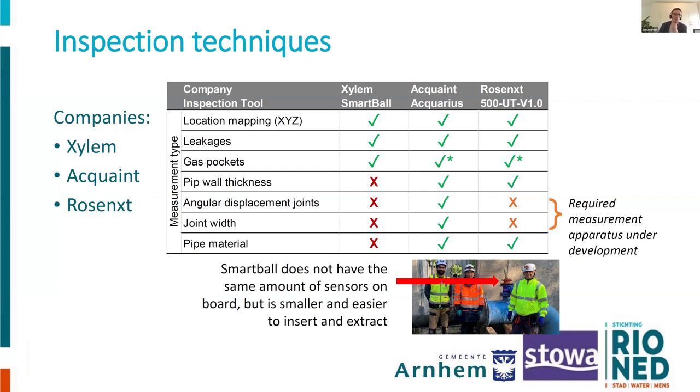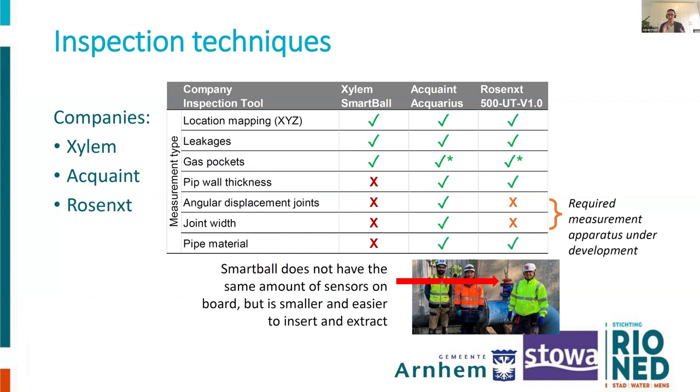And then pipe wall thickness, that's something that the smart ball doesn't do. Same goes for angular displacement in joints, the joint width, and the pipe material. Xylem can, with the magnetic sensor, see differences between steel and concrete or something, but not between GRP and concrete, for instance. But even though the smart ball doesn't have the same sensors as the other types, it's quite small and easier to insert and extract.